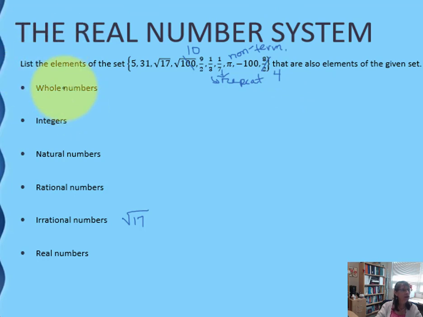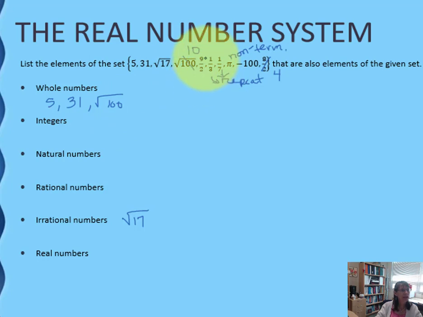Now let's go back to the first subset, whole numbers. Remember, whole numbers begin with 0 and then the counting numbers, 0, 1, 2, 3, and so on. So we'll need to include 5, 31 is a counting number, 31 is a whole number. Then we'll go to square root of 100, because we know that's worth 10.